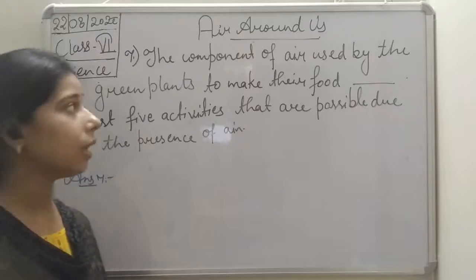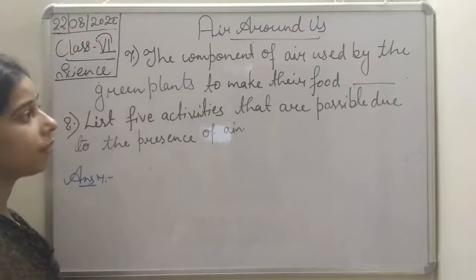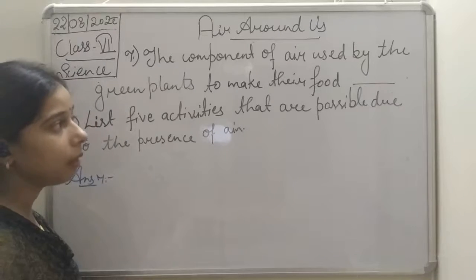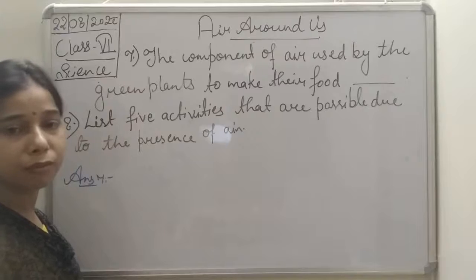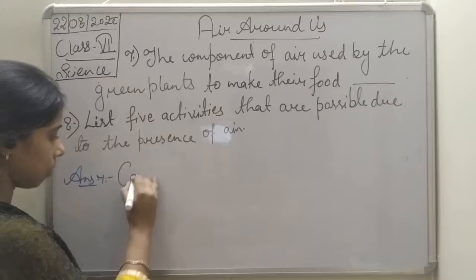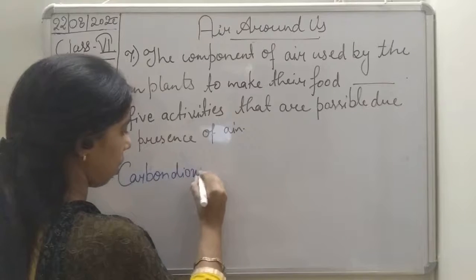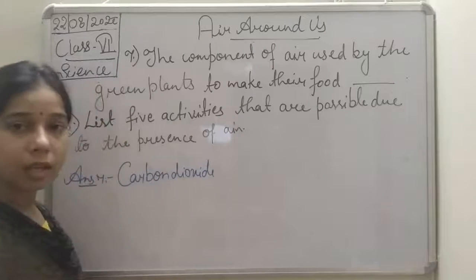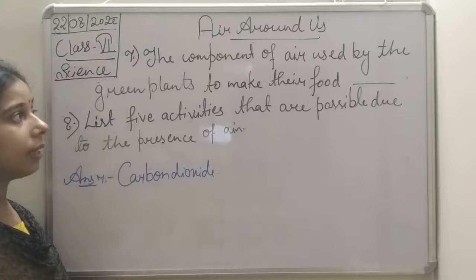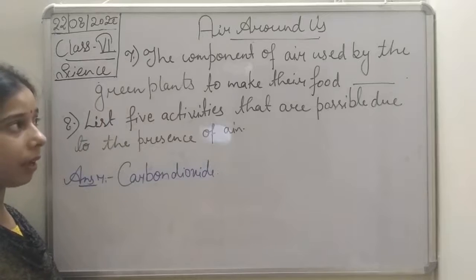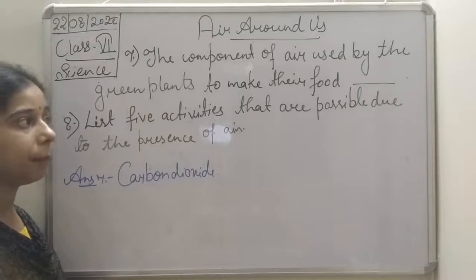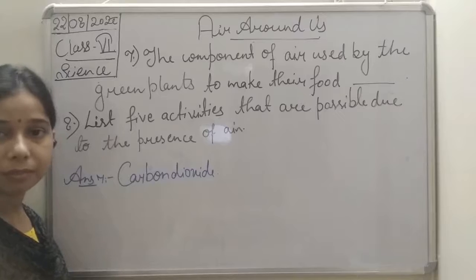So we will say that the component of the air which is used by the green plant to make their food is carbon dioxide. Carbon dioxide gas is the component of the air which is used by green plants to make their food.